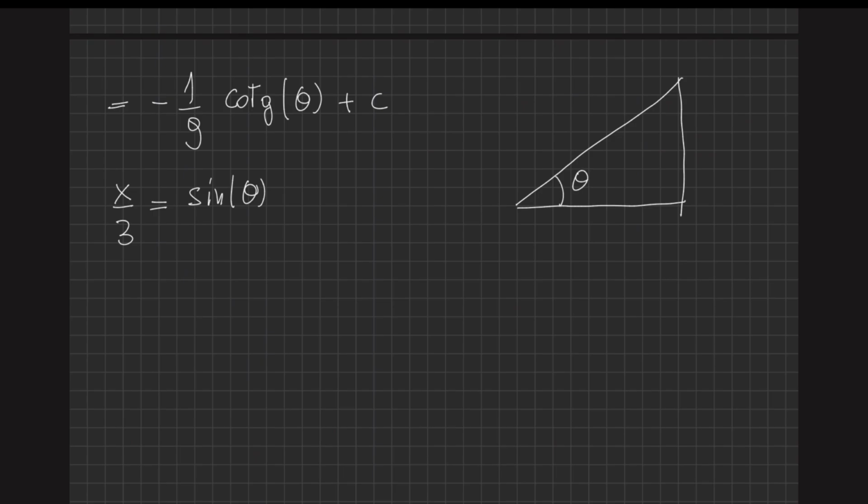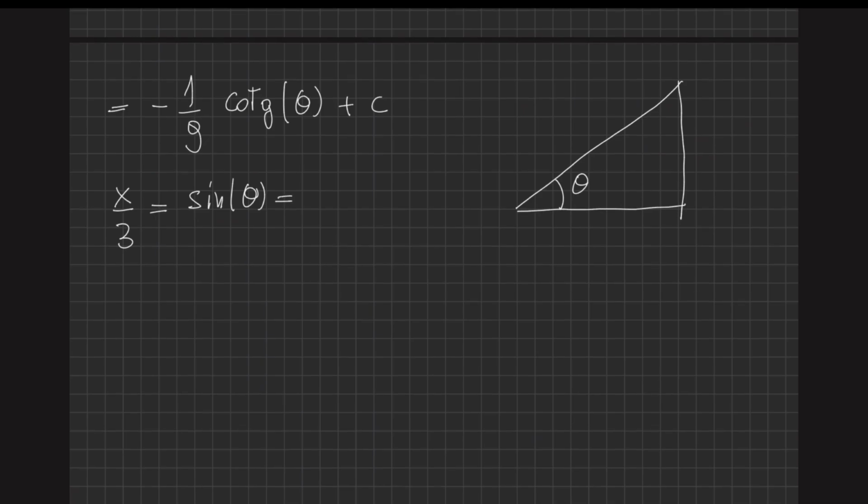And now from this expression, and remember it's Sohcahtoa, and the Soh part means that the sine is equal to the opposite side divided by the hypotenuse, so h.